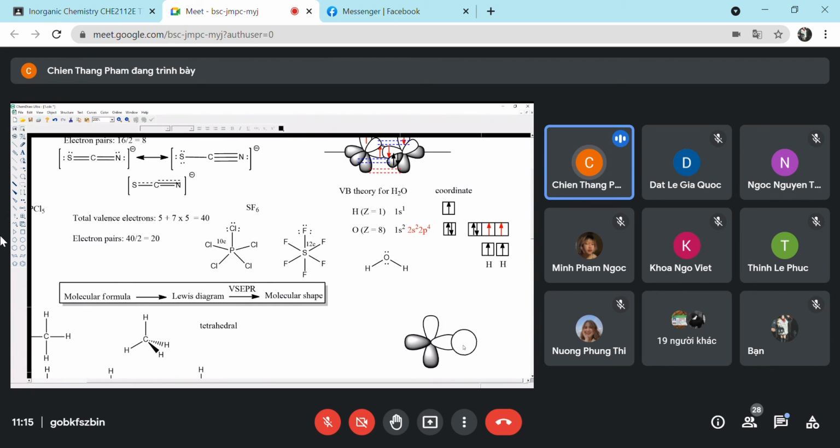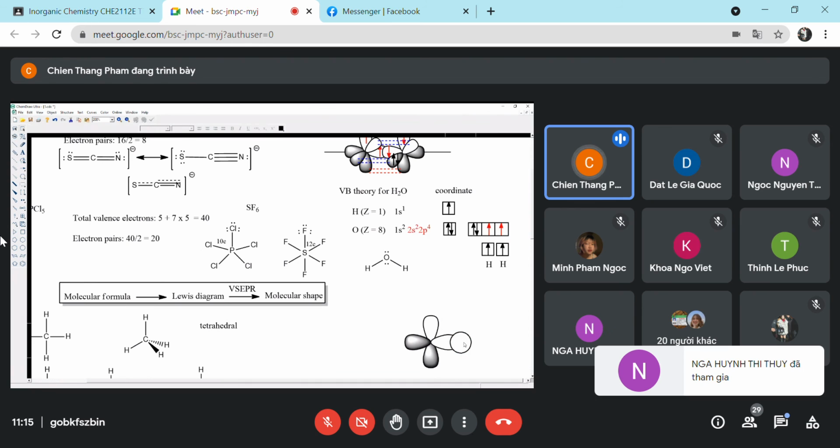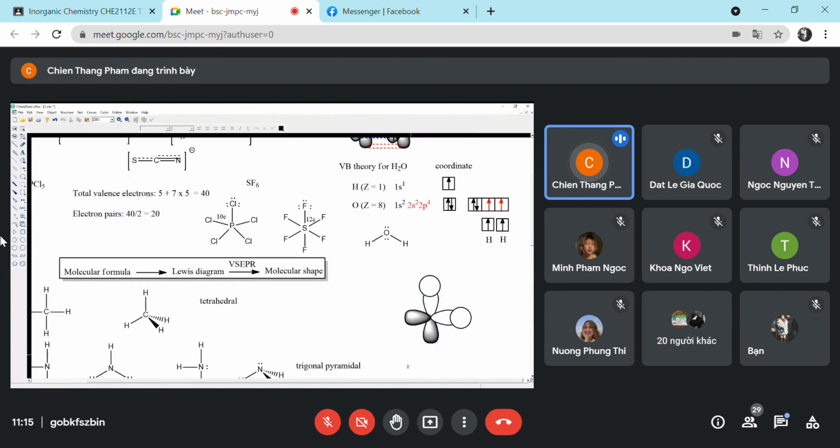Shift a little bit here for the oxygen. This one is for hydrogen, the s orbital. So this is a picture of the water molecule. You can see the first one is the p orbital of oxygen, and the other circle here is the s orbital of hydrogen. This is not so difficult for you to understand.